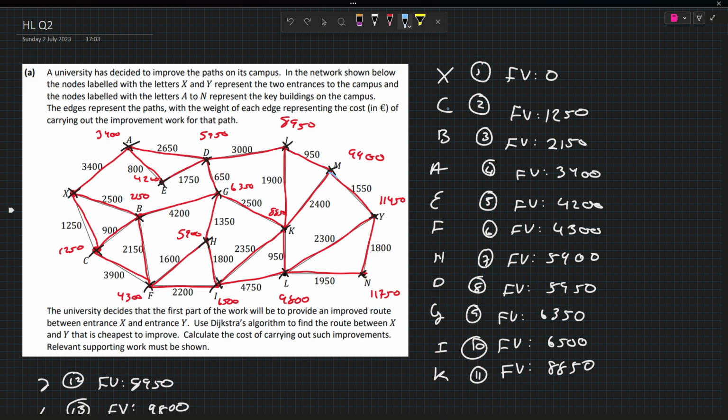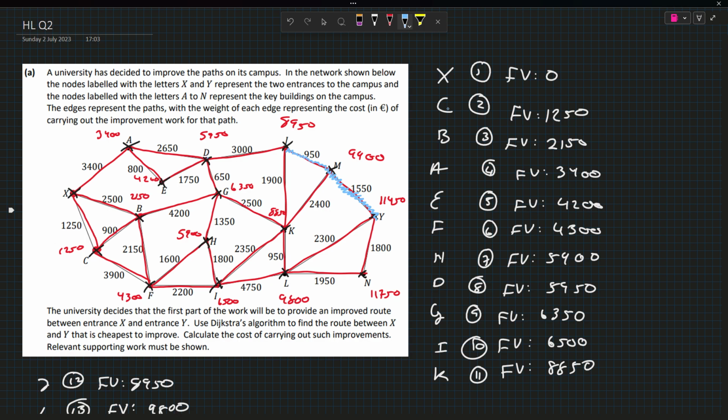So this arc is part of our solution. So I'll actually do it kind of jagged. Now, going from M to K is clearly not 2,400 in that way, but 9,900 minus 950 is indeed 8,950.